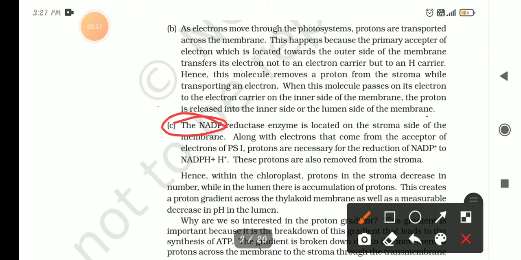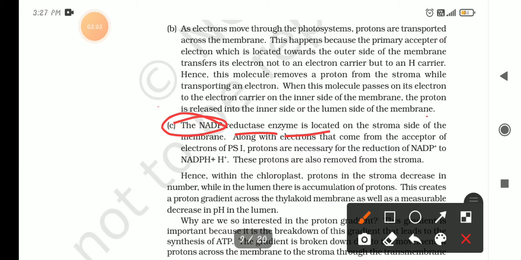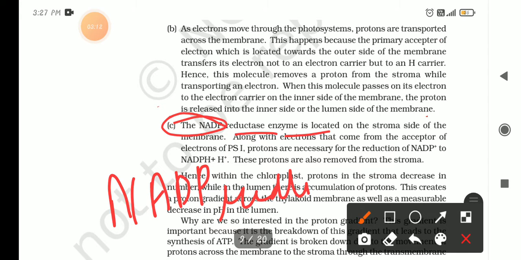The NADP reductase enzyme is located. We have an enzyme called NADP reductase. And what's the role of the enzyme?